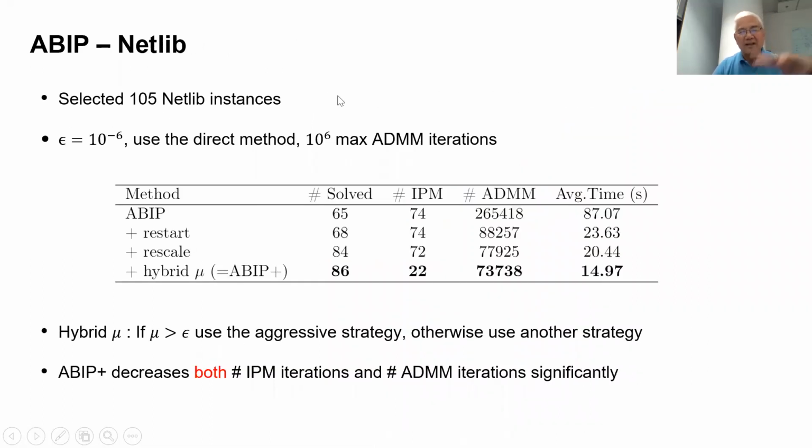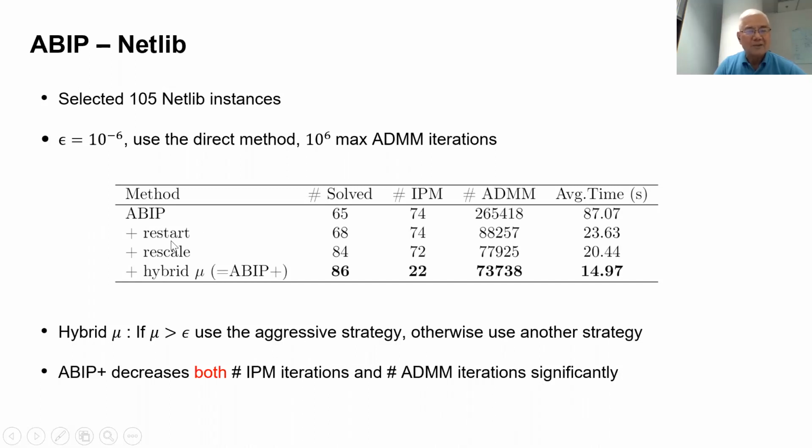Of course, there is another scaling technology, and another one on how to reduce mu. I'm not going to go into details. This talk is very high level. The paper is on arXiv, so you can take a look. I just wanted to say this is the original ABIP, okay, without any kind of customized strategy.